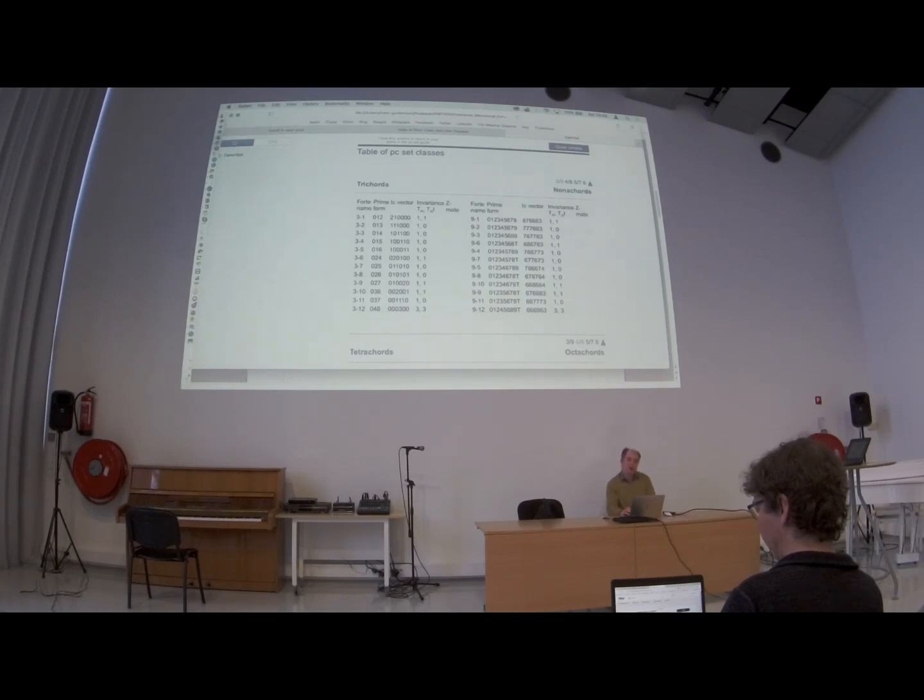And then we take that as a decimal number. And then we count downward. So what is the number? 210000 is the first, and then this is smaller, 100000, 111000, 101000, 100, and so on. And the descending interval class vector is the criterion for the ordering of these prime forms.